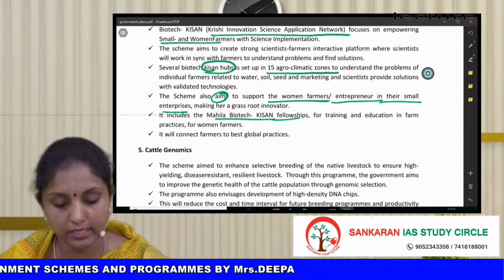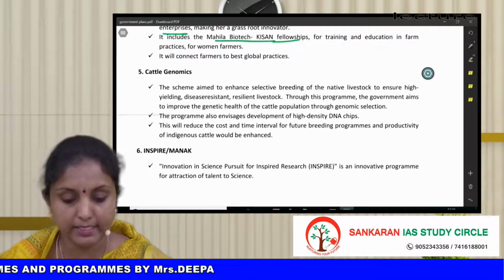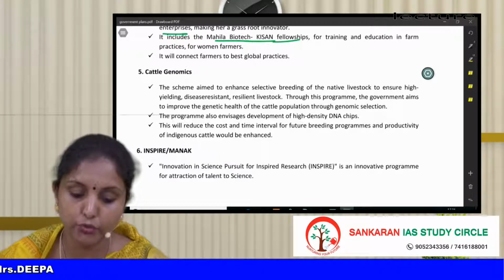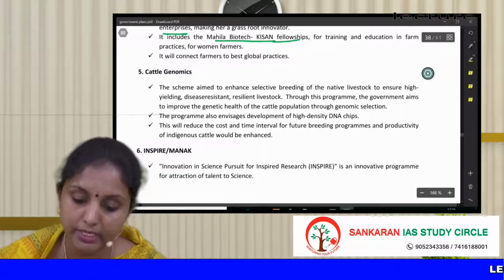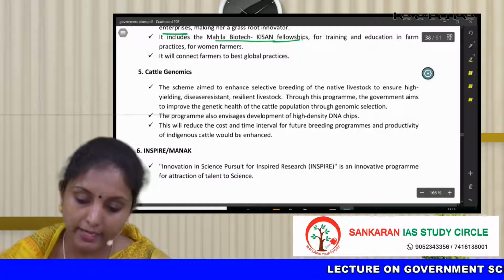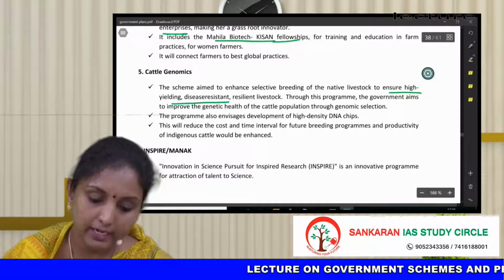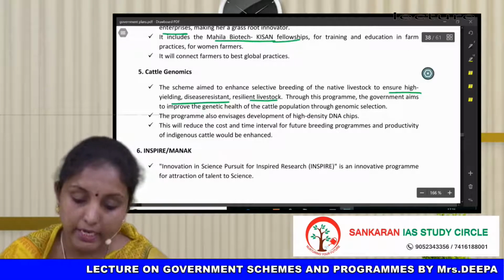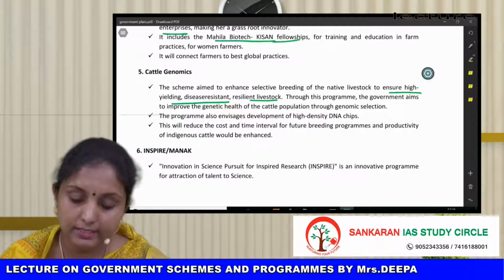The next program of the scheme is Cattle Genomics. The scheme aimed to enhance the selective breeding of native livestock to ensure high-yielding, resilient, disease-resistant livestock.